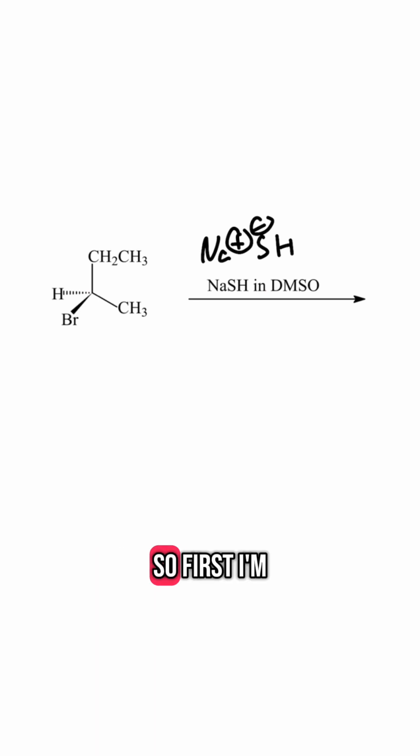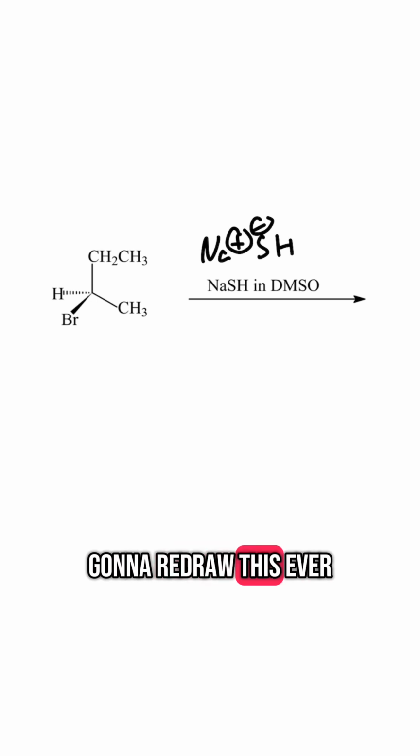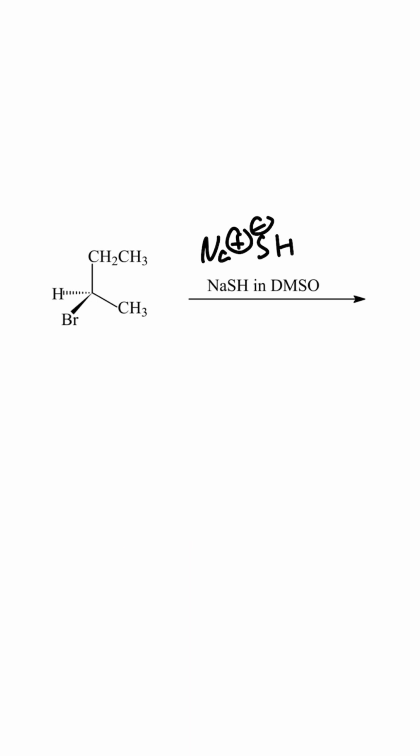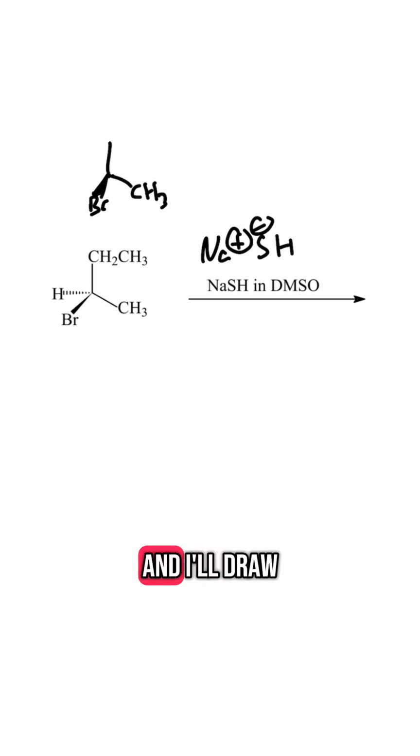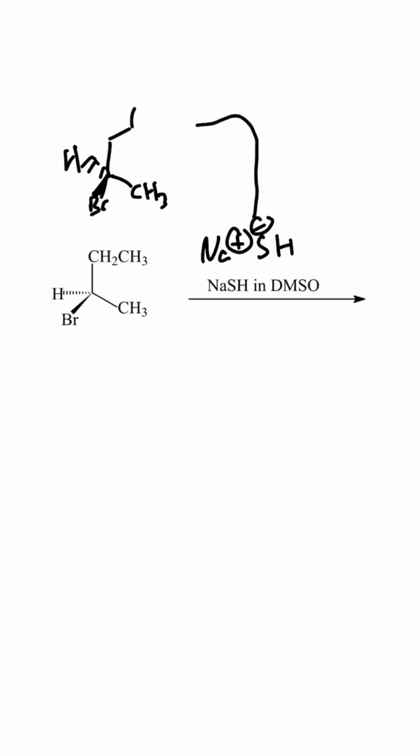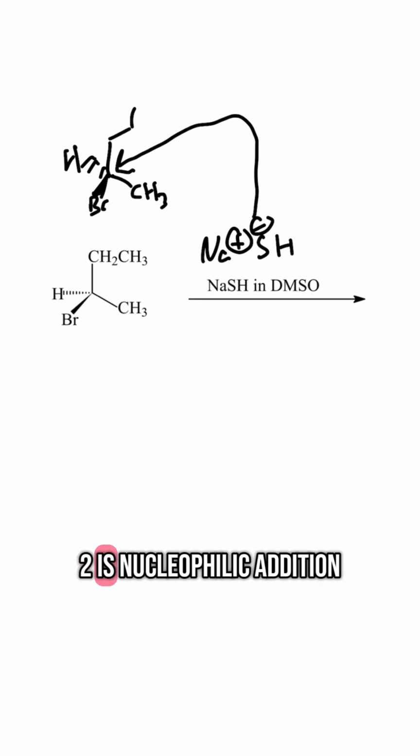So first, I'm going to redraw this ever so slightly up here. We have our wedge, that would be our CH3, and then I'll draw it like this. And then what happens is our hydrosulfide comes in, and remember, SN2 is nucleophilic addition, and nucleophilic addition is always backside attack.